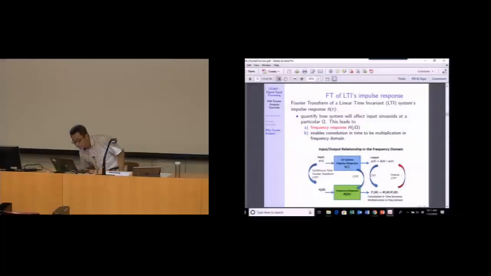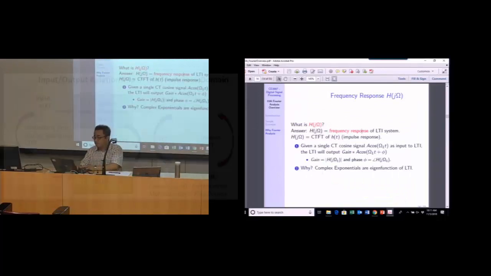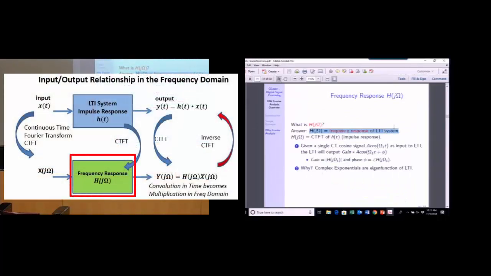Explicitly, what does the frequency response of a system mean?